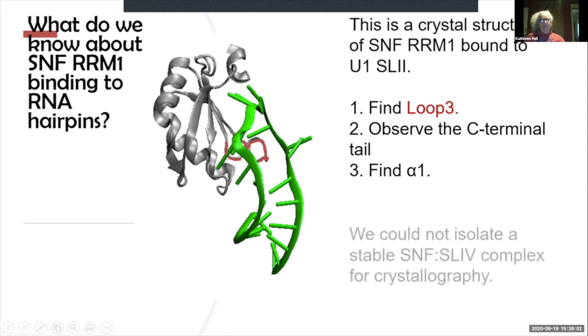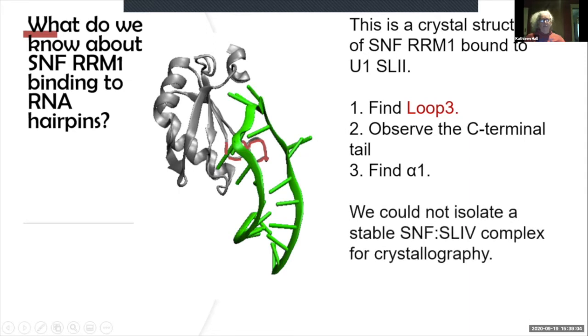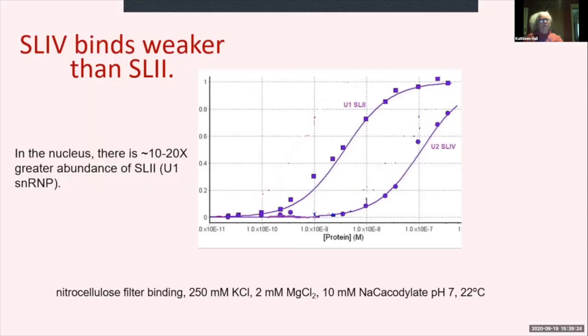What happened was, when we tried to make a crystal structure of SNF bound to stem loop 4, we couldn't get it to stabilize. We could never isolate a complex for crystallographic studies. And that was frustrating, but maybe not too surprising, because when we measure the affinity, we always find that stem loop 4 binds weaker than stem loop 2.